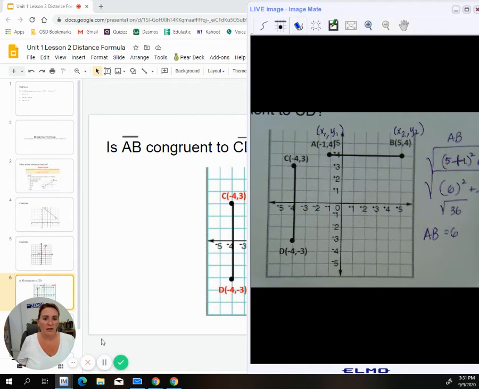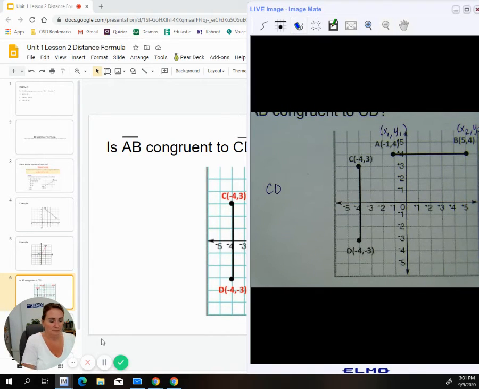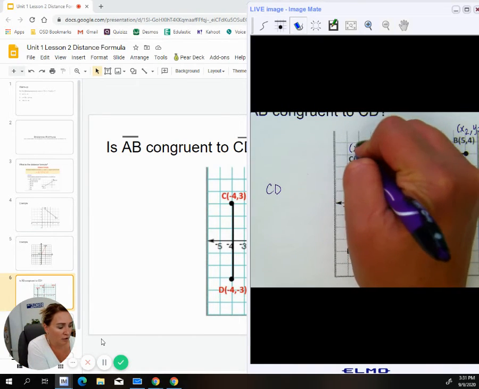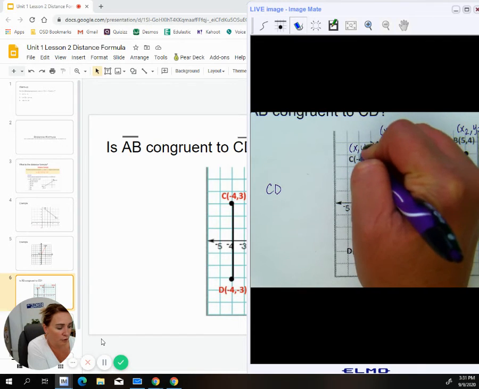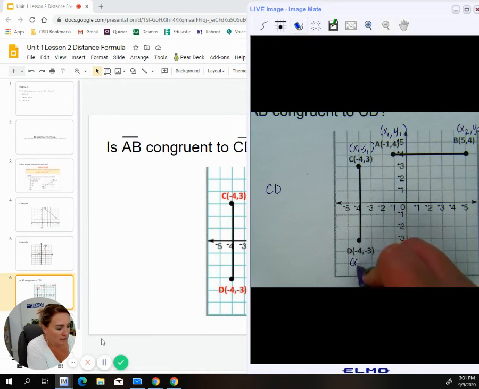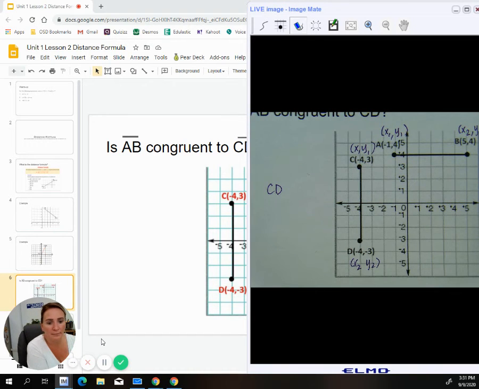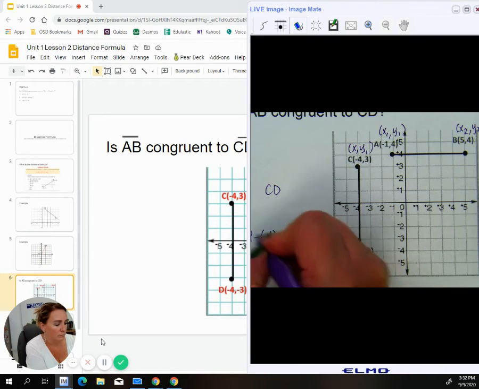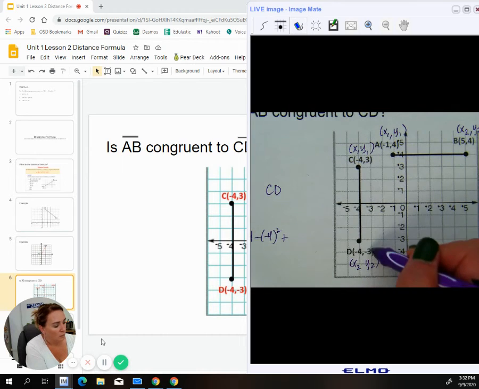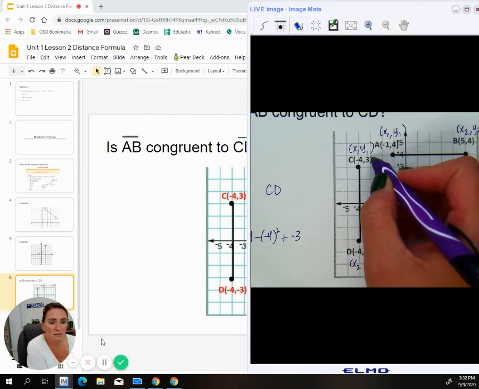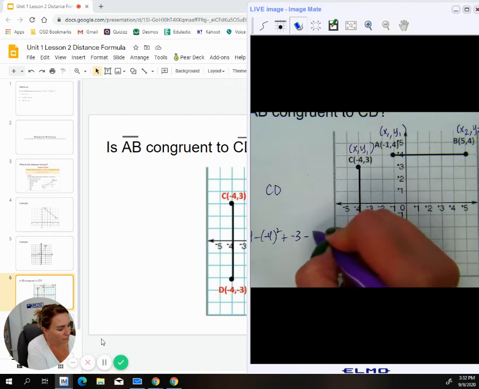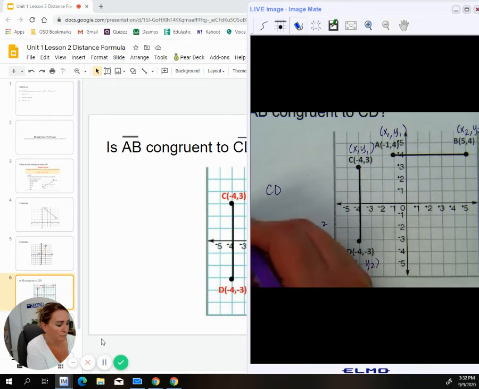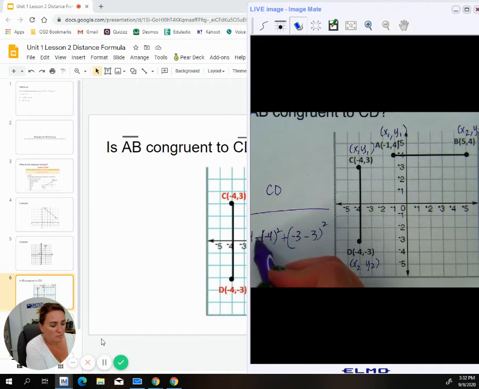So now we're going to come over here and we're going to work on CD. Again, it doesn't matter. I'm going to call this first one x1, y1. We'll call this x2, y2. Minus a negative is plus.